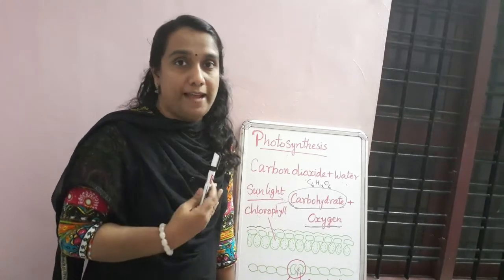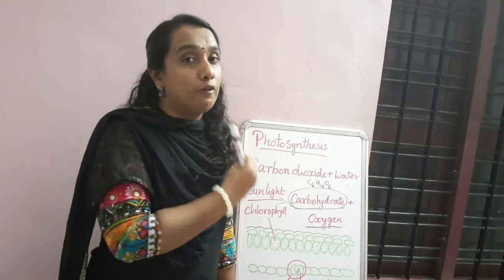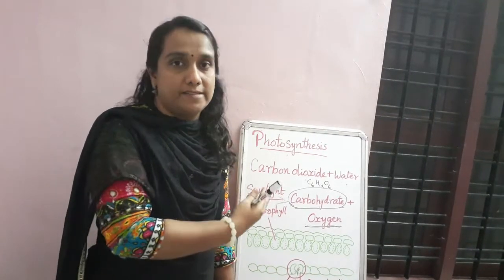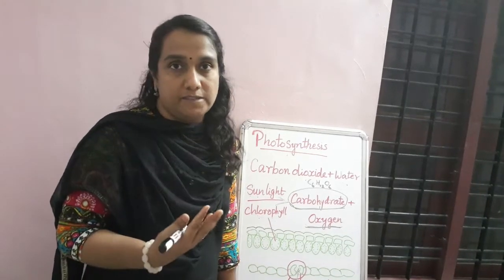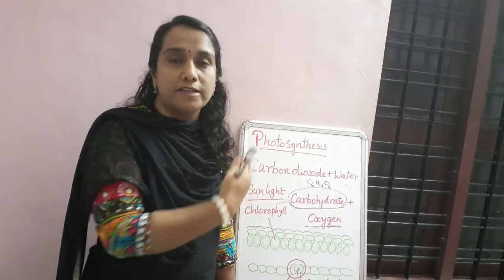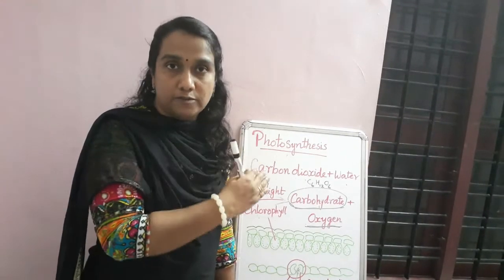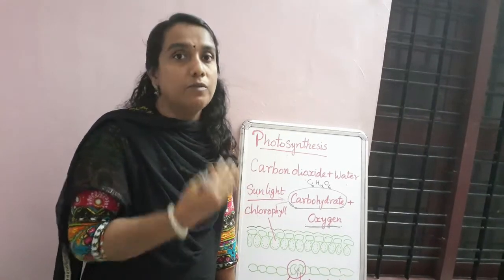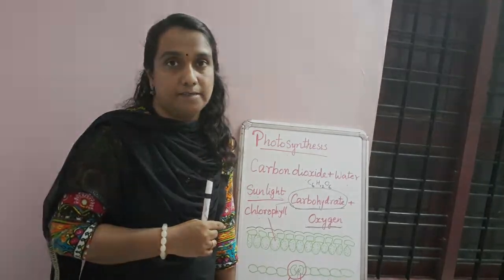Not only for plants, for human beings also, photosynthesis is very important because we are depending on plants. We and other animals, we are all heterotrophs. We all are depending upon these producers and these plants. So if photosynthesis is not happening, we cannot live.